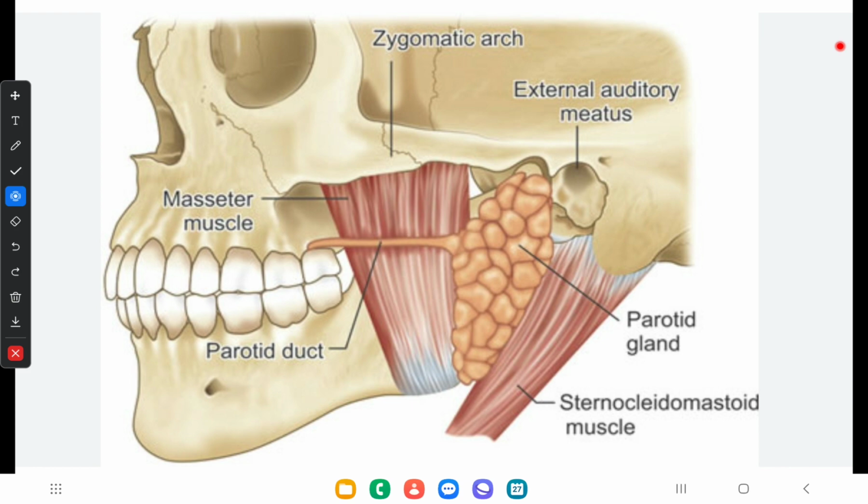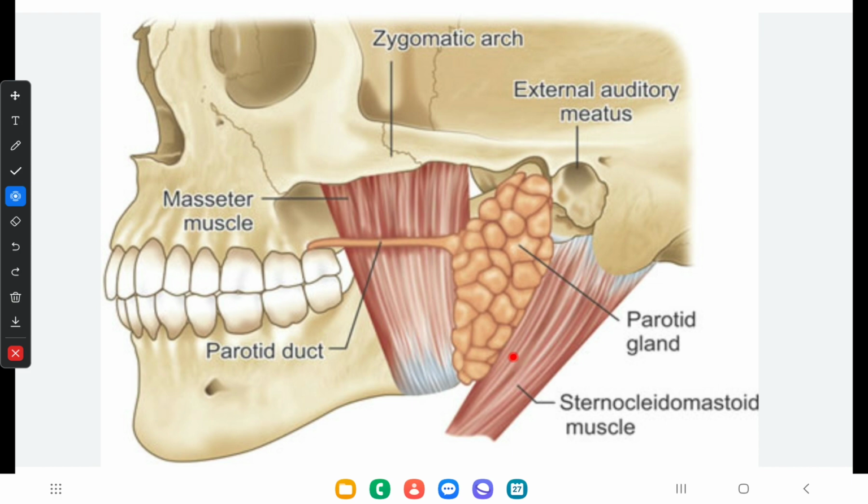Parotid duct carries watery secretion of the gland to the vestibule of the mouth. You can see the parotid duct here. This is the parotid gland, and the secretions form saliva and help in moistening the mouth as well as in the formation of bolus of food.